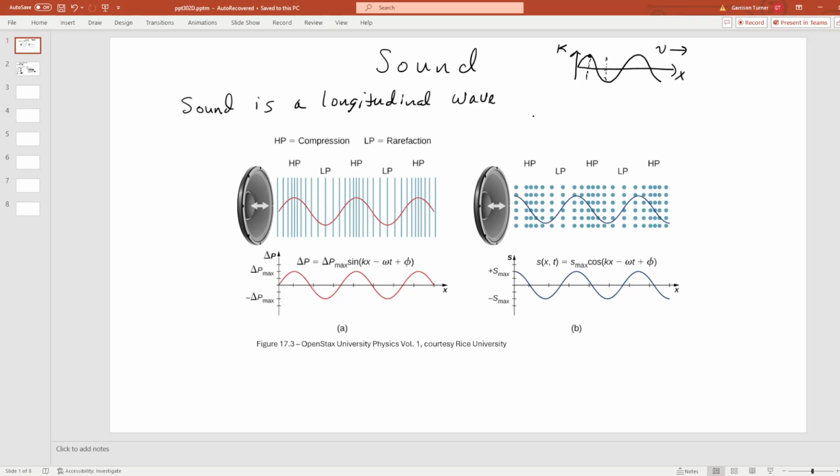But sound is longitudinal. So what that means is that the wave makes your particles oscillate back and forth as the wave moves forward. So, in a typical speaker, this is the quintessential way to produce sound.